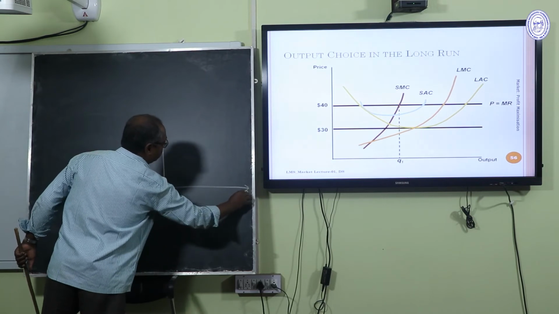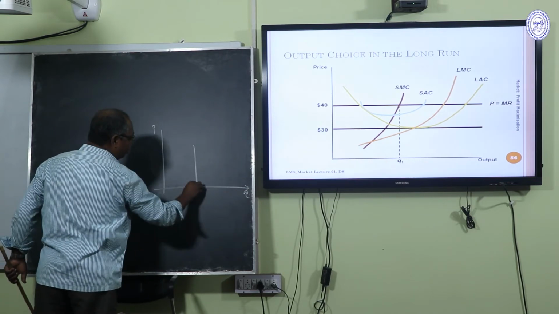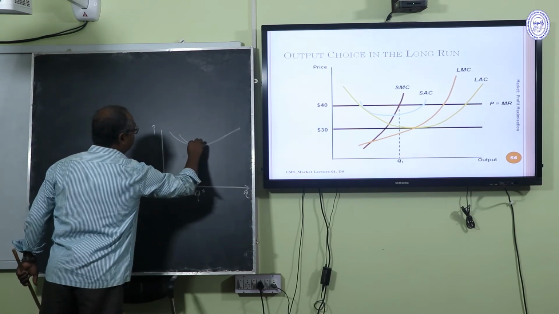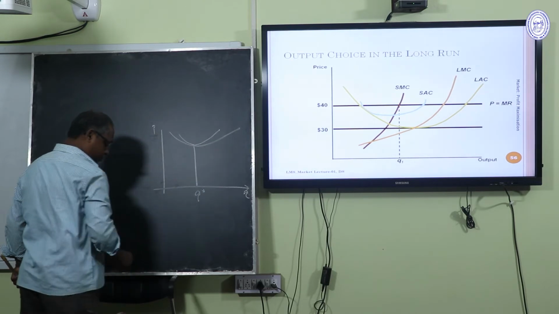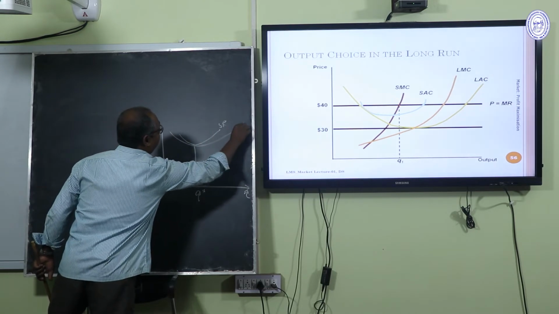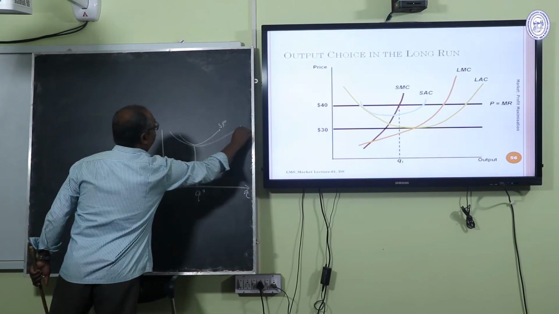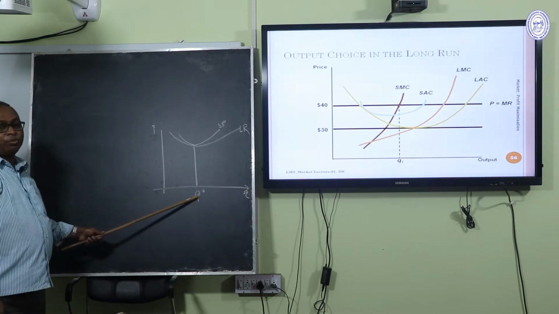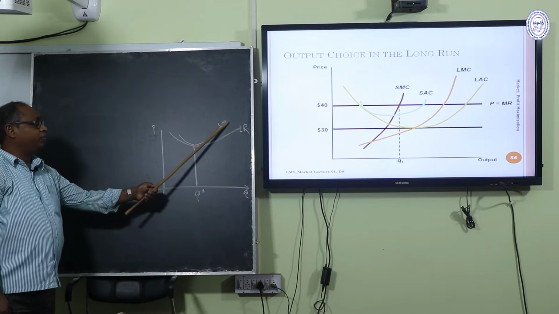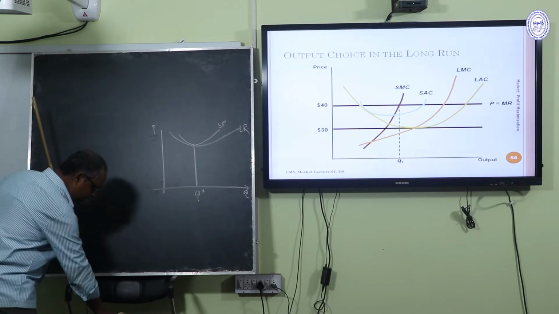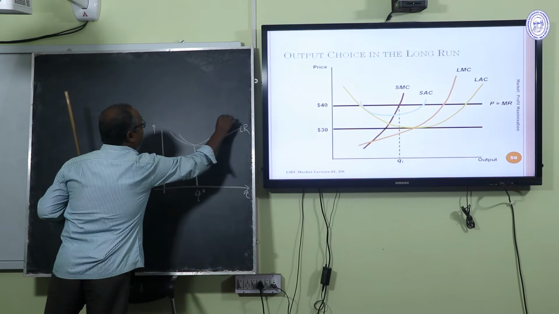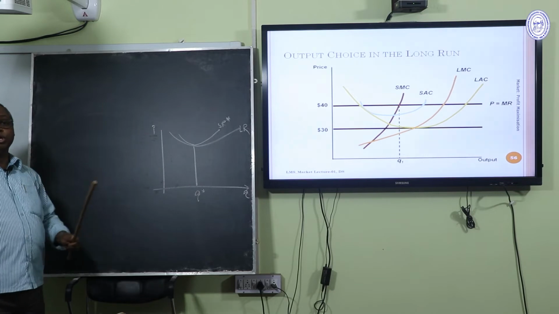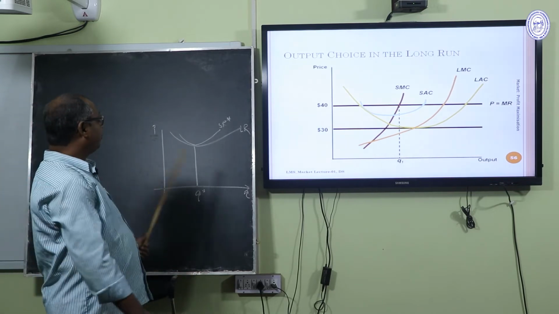To produce a particular output, say Q star. So this is the short run and this is the long run. To produce Q star amount of output, the firm will definitely choose this short run plant, say SR star. But this is not the only option for the firm to produce that output.